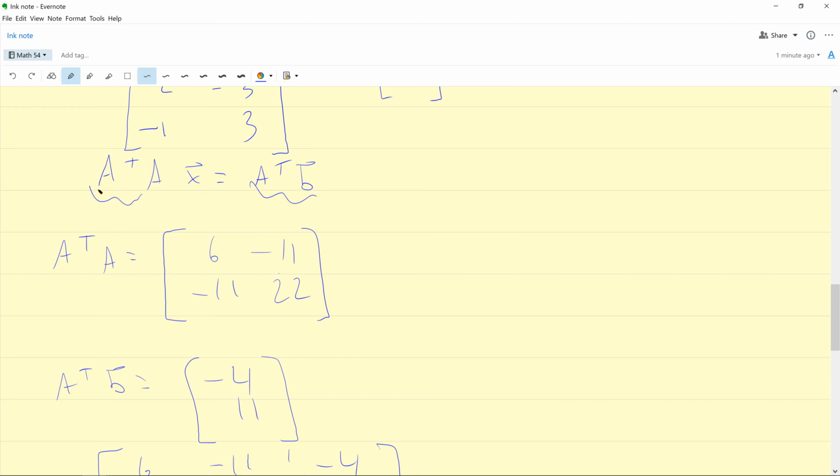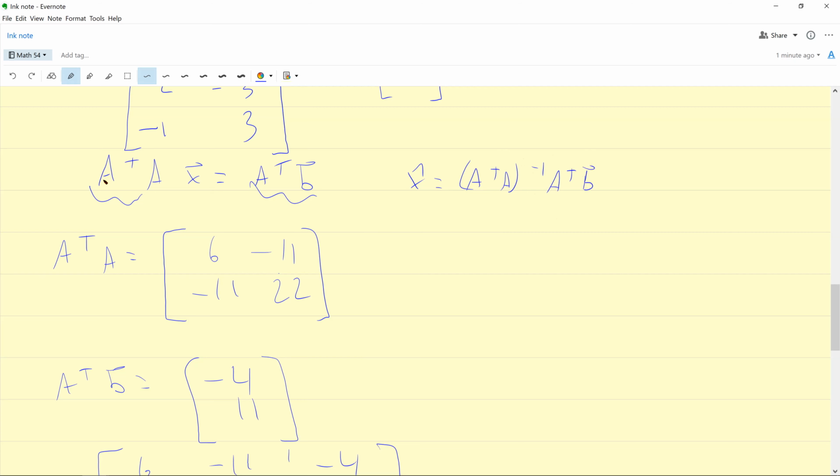Sure, we have this nice expression A transpose A, which is going to be a symmetric matrix. But in general, if we wanted to write this as one equation, we'd write x hat equals (A transpose A) inverse times A transpose b, right?